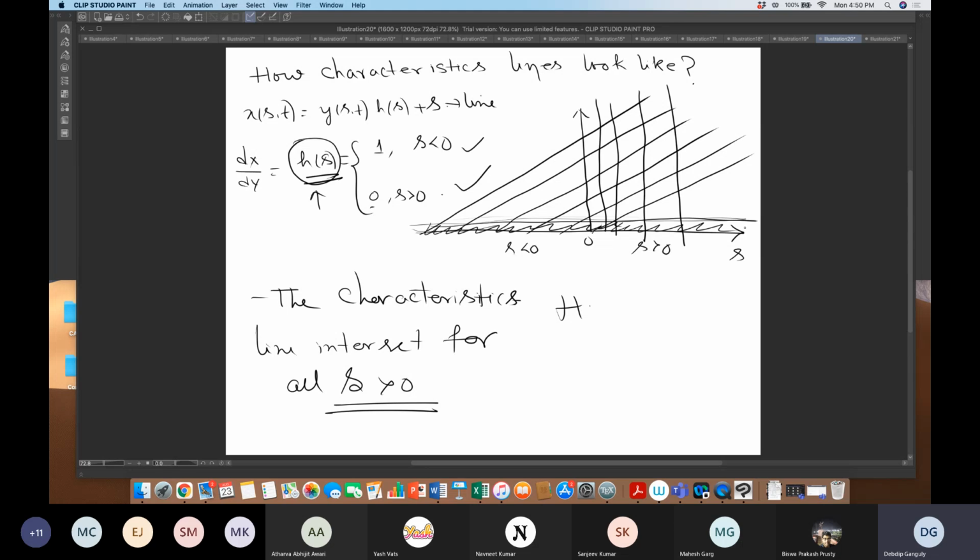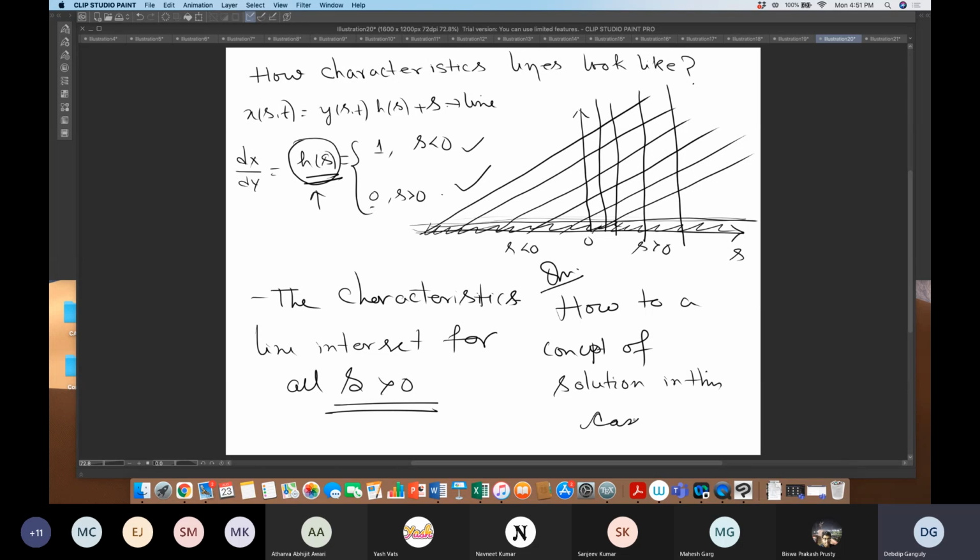It does not contradict Picard's existence and uniqueness theorem, because the initial condition here is not continuous. So the characteristics intersect for any s positive. Then the question is how to define a concept of solution in this case.